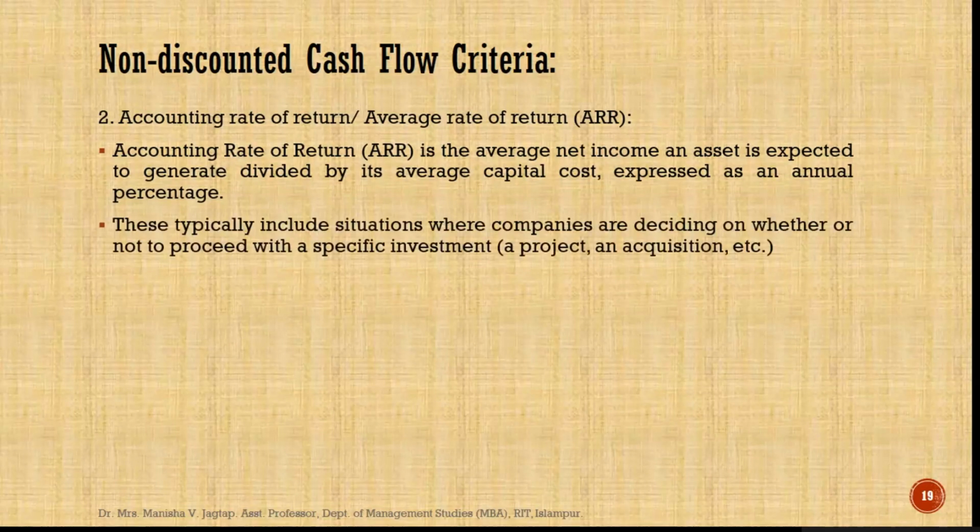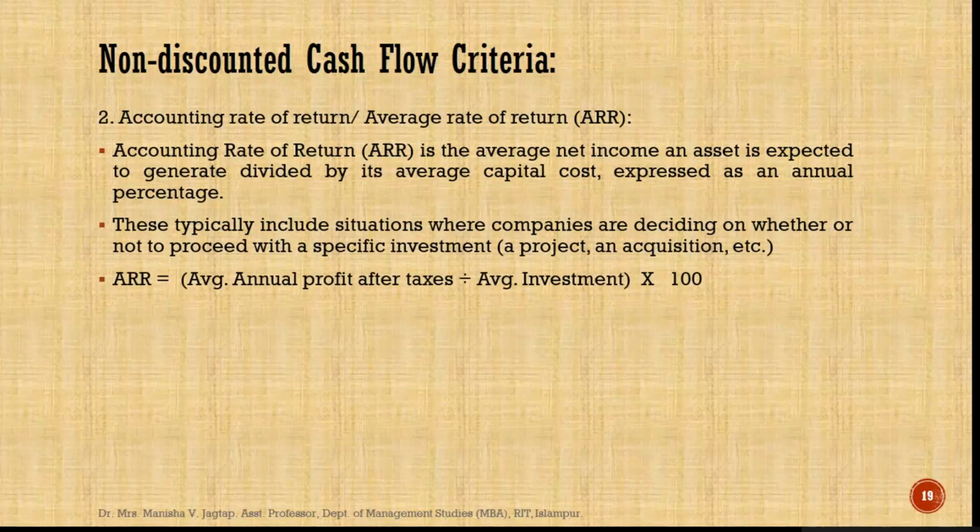These typically include situations where companies are deciding whether or not to proceed with a specific investment, which can be a project or an acquisition, etc. The formula for calculating accounting rate of return is equal to, in brackets, average annual profit after tax divided by average investment, into 100.